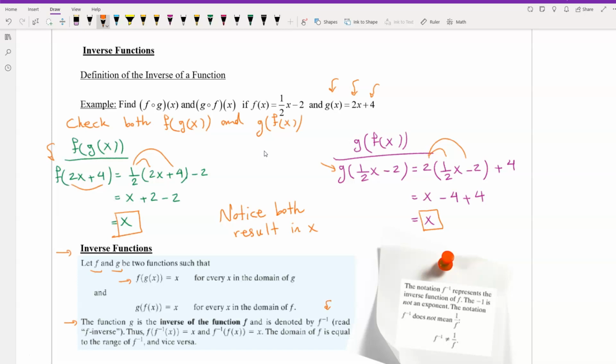So read it as f inverse. Thus f of f inverse of x is equal to x, and f inverse of f of x is equal to x. The domain of f is equal to the range of f inverse, and vice versa.